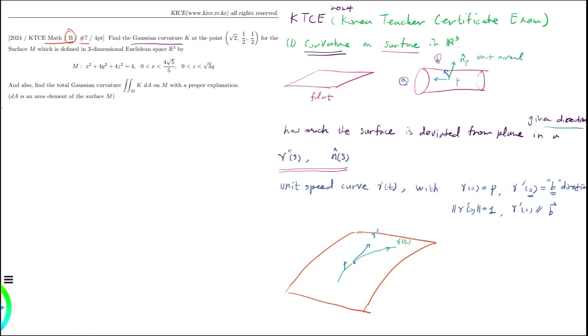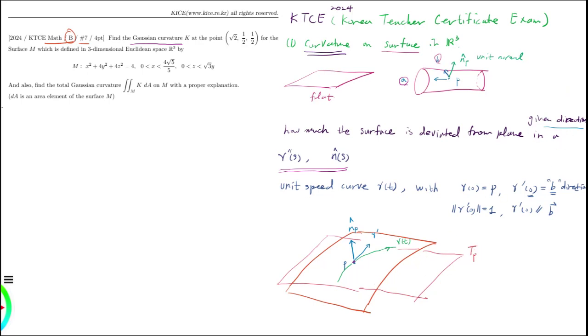And we can think about the tangent plane at this point P, because the tangent plane we can derive from its unit normal vector at point P. The tangent plane will look like this.